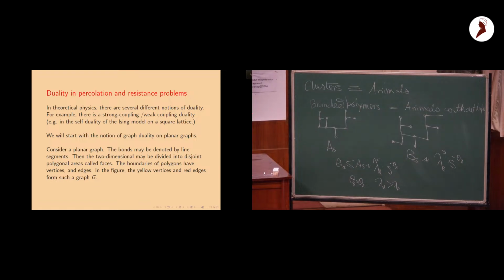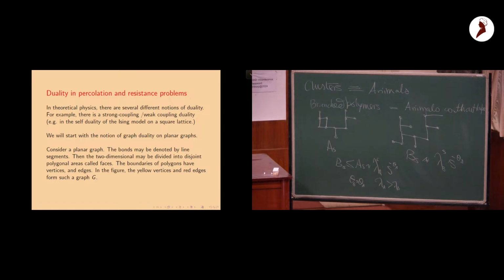What we will end up doing is to show this duality, graph duality for percolation problems, says that bonds which are present in some sense are related to bonds which are not present.